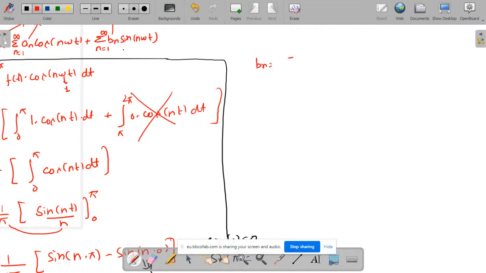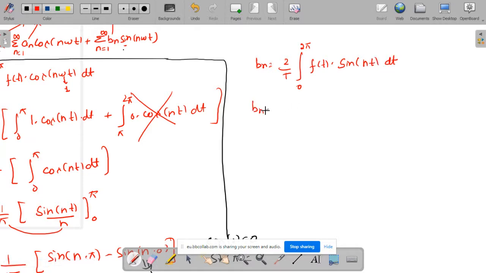bn is equal to 2 divided by 2 pi, 2 divided by T. Starting point of the signal is 0, end point is 2 pi, f(t), and with bn the sine is there, so you have to write sine, and omega is 1, so directly you can write sine nt dt.